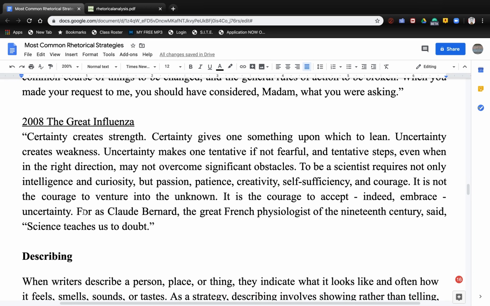All right. So this strategy, for instance, has a parallel structure: certainty, certainty, uncertainty, uncertainty, right? It's parallel structure. Then you would call this an allusion. This is an allusion to Claude Bernard, right? And then there's a quote.